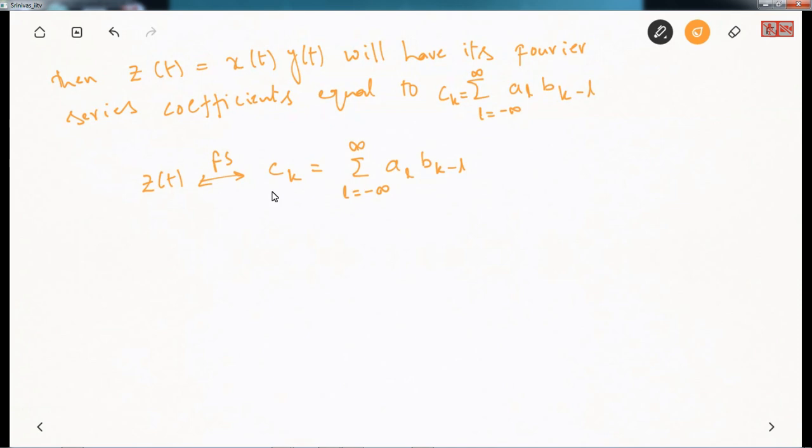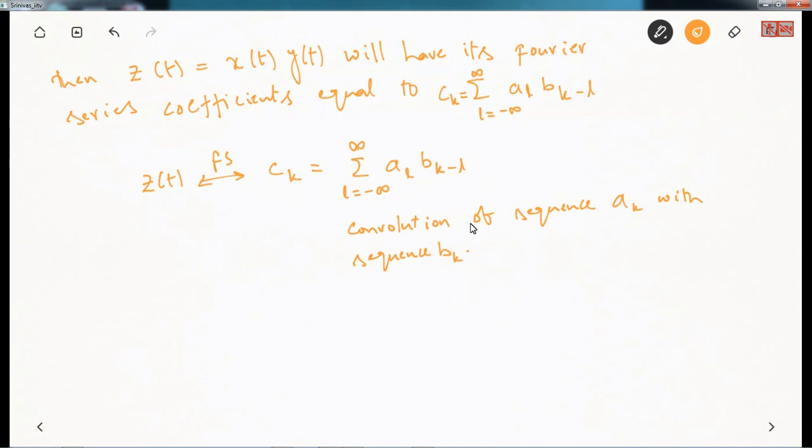As I said, this summation is called the convolution of a_k with b_k. We will deal with convolution a little later, after 1 or 2 units. It is the convolution of sequence a_k with sequence b_k.